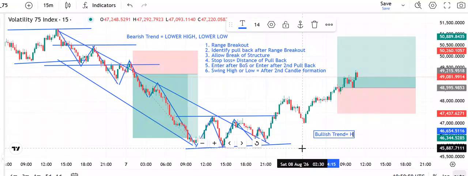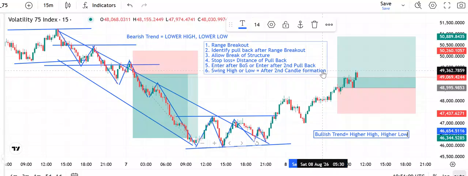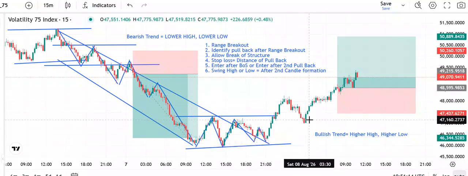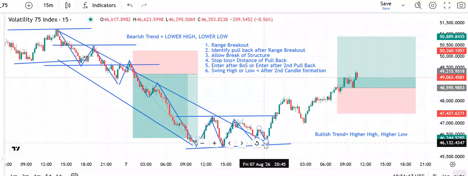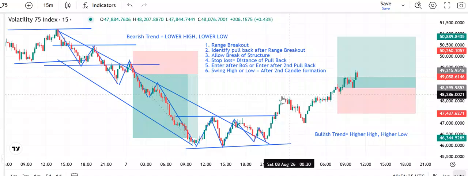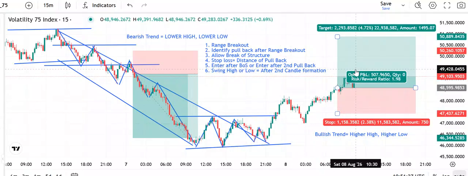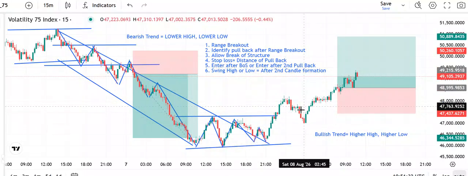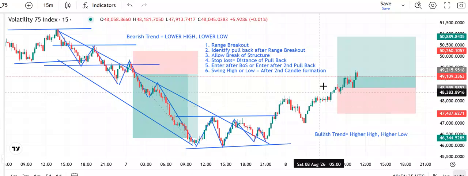You start to see higher high, higher low. Now, we have a low here, a high, a higher high. We have a low here, a high, a lower low, higher high, higher low, higher high. So this already indicates that we have a bullish trend in place.